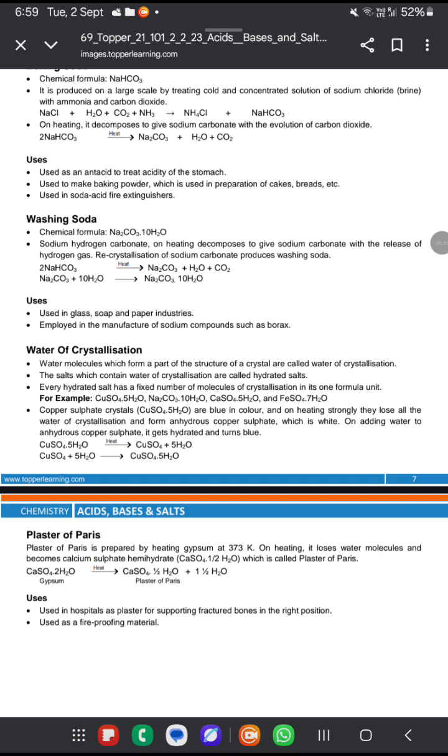CaSO4·2H2O gypsum on heating gives CaSO4·½H2O plus 1.5 water. Used in hospitals as plaster for supporting fractured bone in the right position. Used as a fireproofing material.